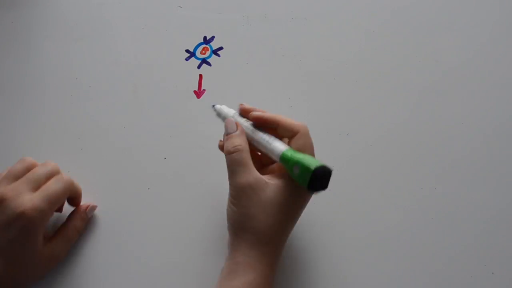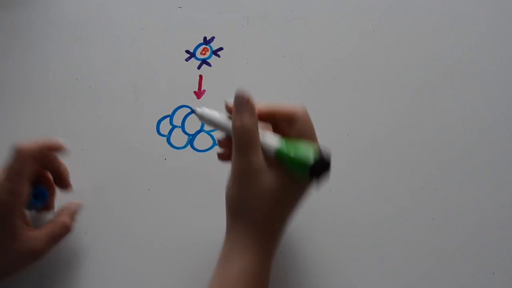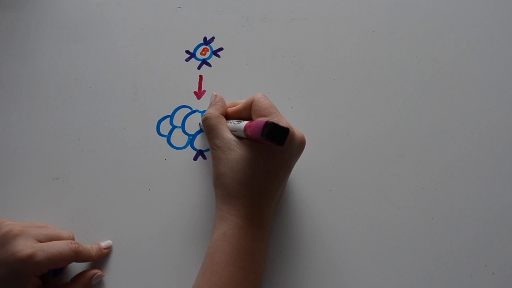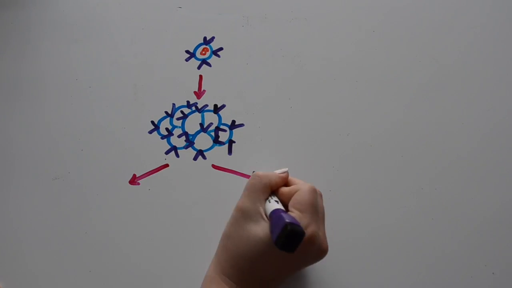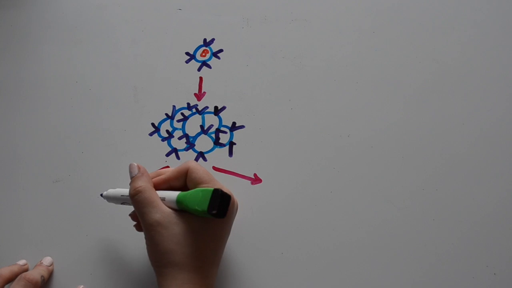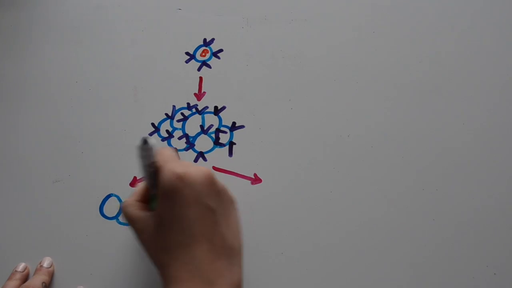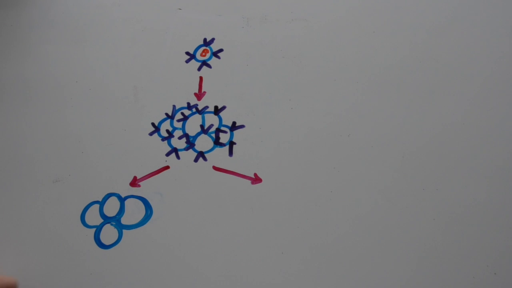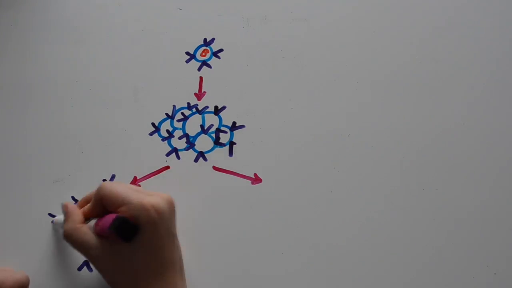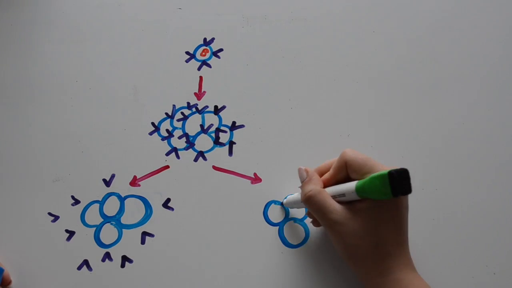The original B cell goes through genetic recombination, and then it undergoes a process called clonal selection, where it makes a bunch of the same cell with the same receptor so it can quickly and effectively kill the antigen. After clonal selection, they break off into two groups of cells.